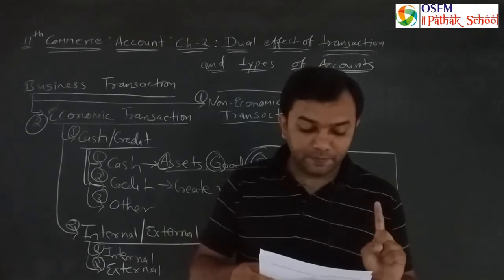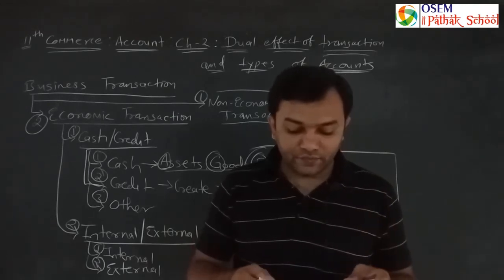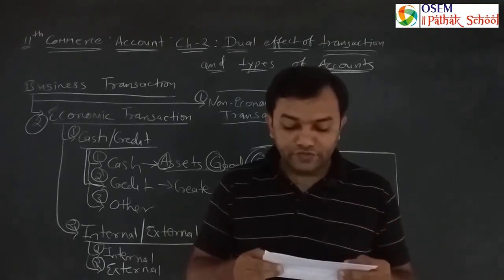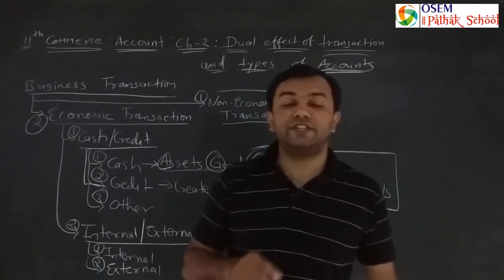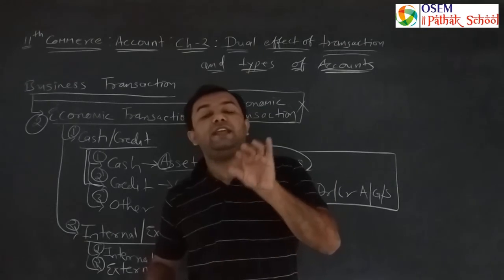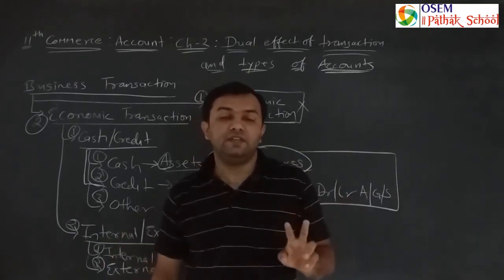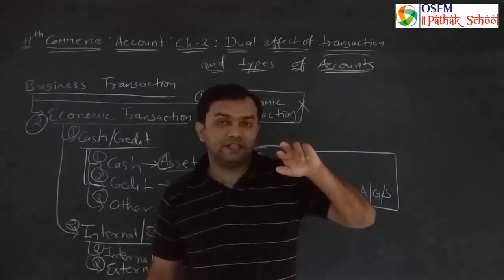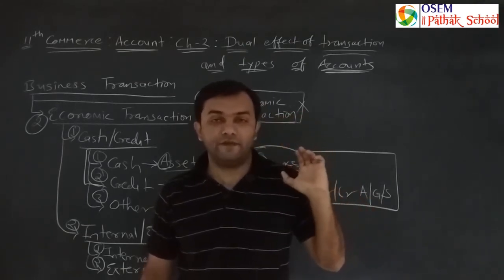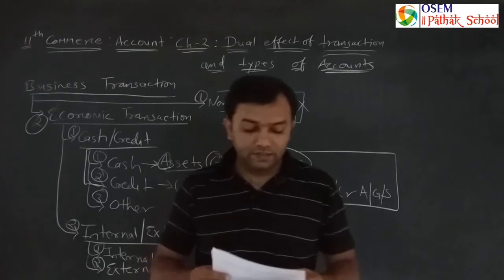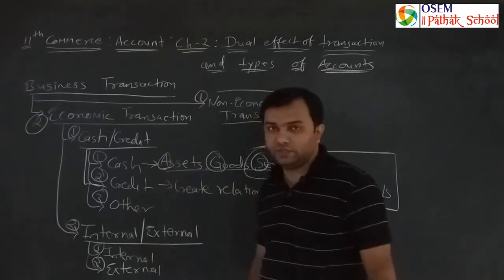So I am repeating this note: if a transaction is made through check, meaning by bank, it is also included in the cash transaction. Cash and bank transactions are both considered cash transaction equivalent. So these are the types of cash transaction.